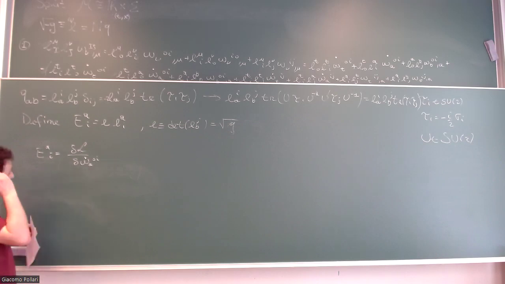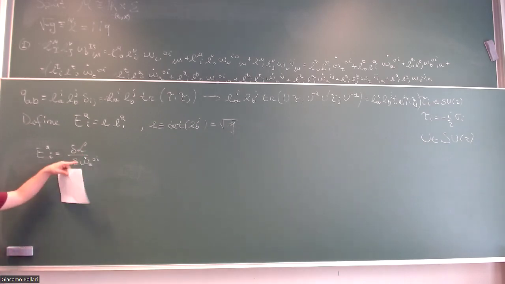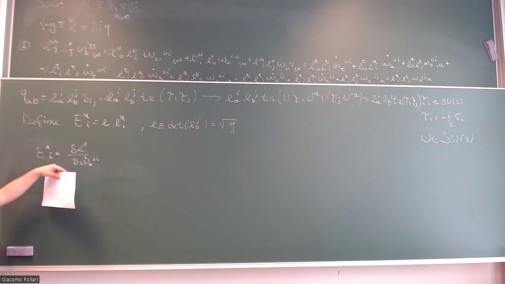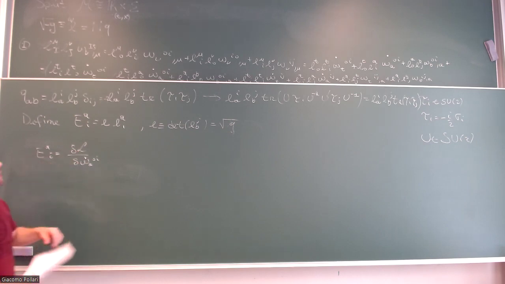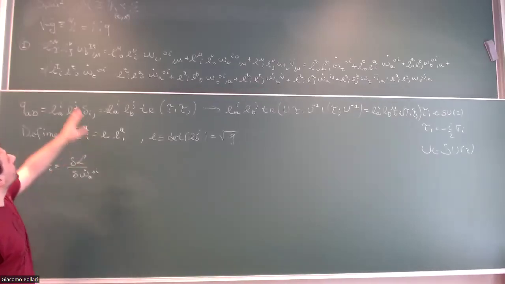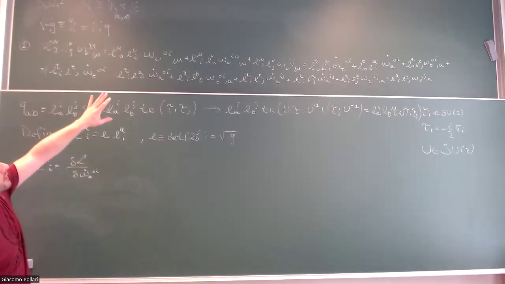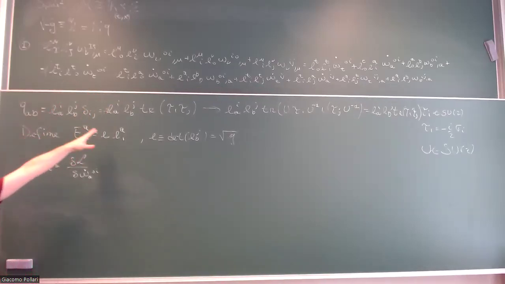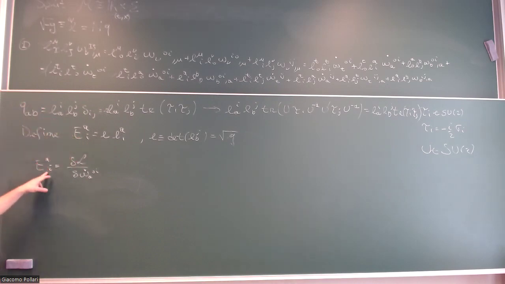Okay, so now, you use script L for the Lagrange density? No, this is the Lagrangian. So you have integrated over space. Yeah, because once I reduce that d4x into the d3x, I define this with that d3x.